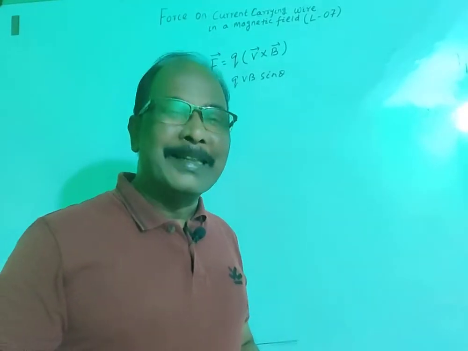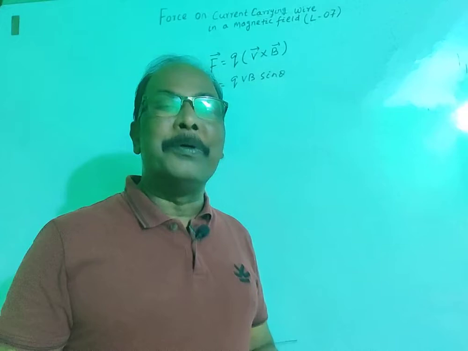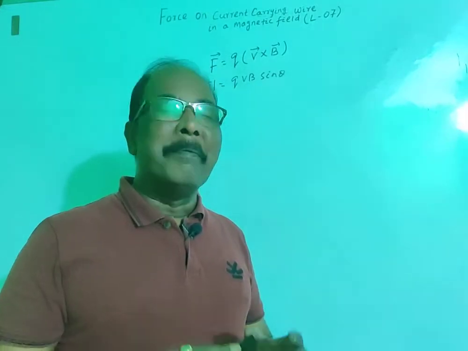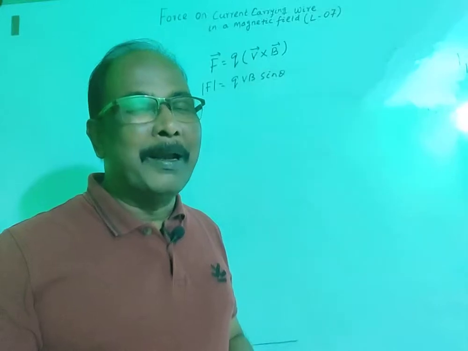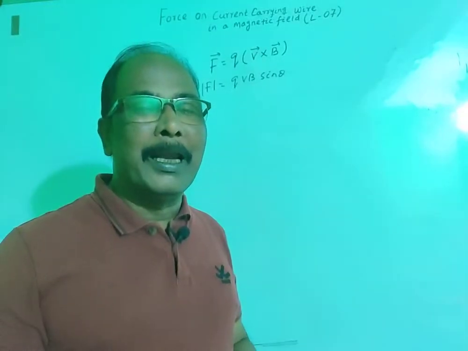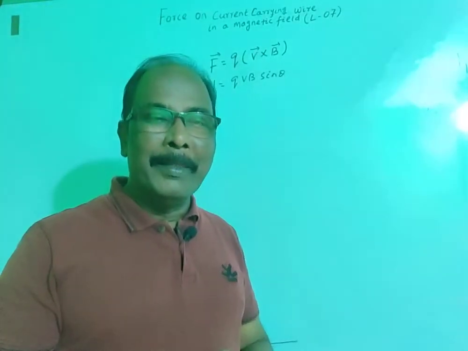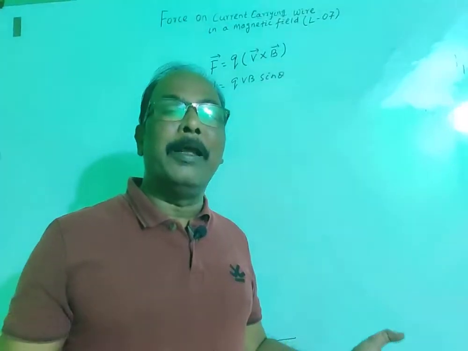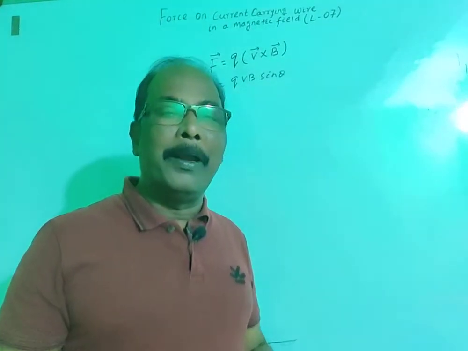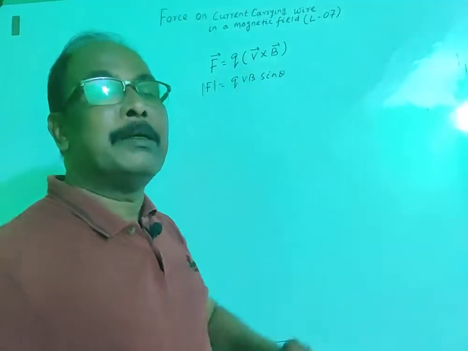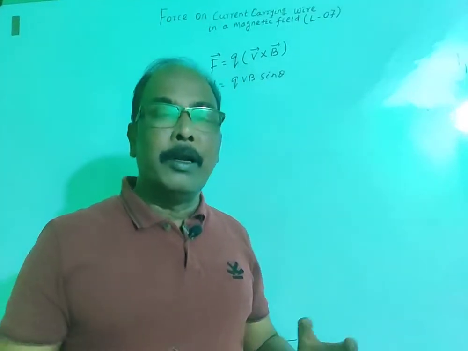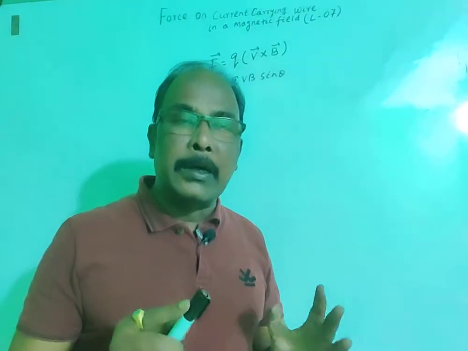Of course, we have discussed, if a charge moves perpendicularly in a magnetic field, meaning the angle between velocity and magnetic field is 90 degree, then sin 90 degree is 1, the force is maximum, and in that case the nature of trajectory is circular.